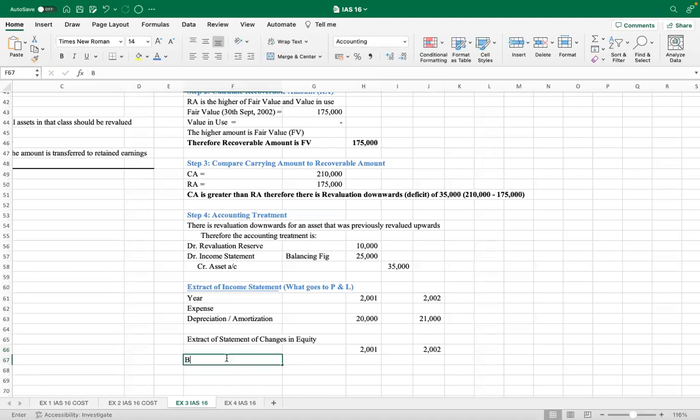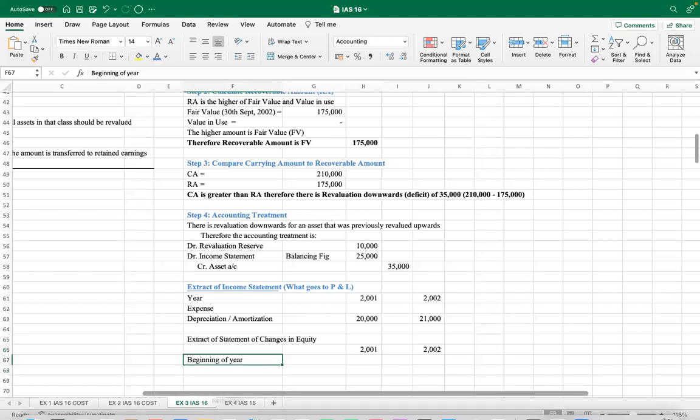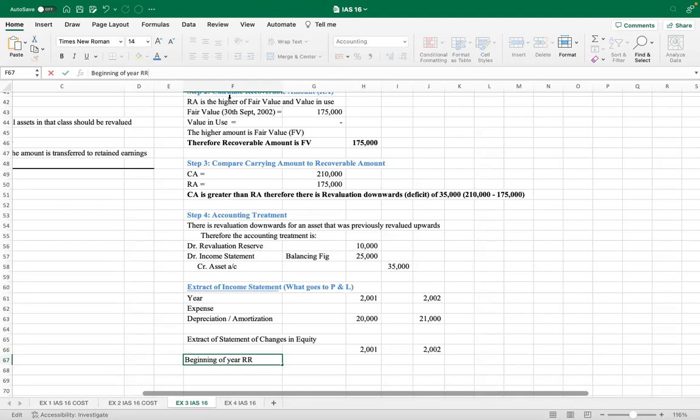So beginning of the year. How best can I bring this? Okay, we had revaluation reserve. Let me change the arrangement for extract.